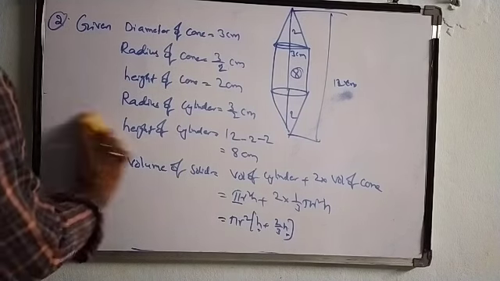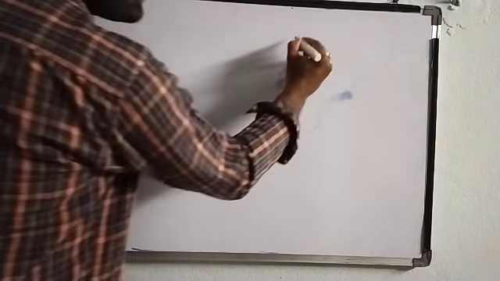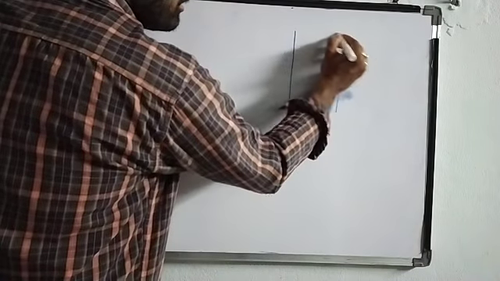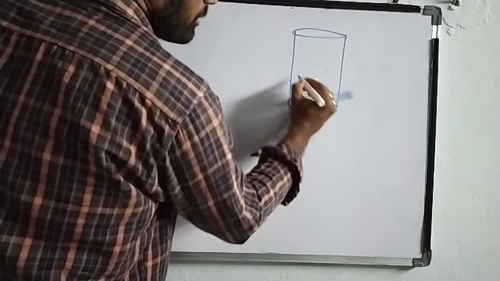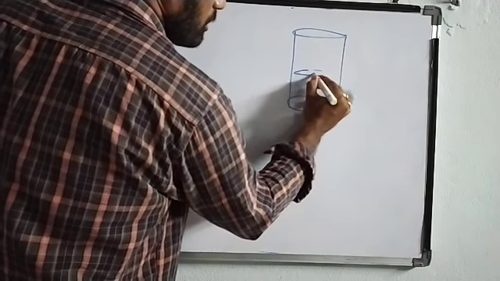Okay, next let us see the third question. So in the third question, there is a cylinder. In this cylinder they are keeping the gulab jamuns in the shape of a capsule.